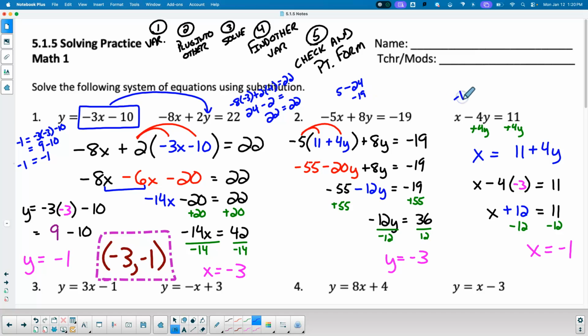X is negative 1. Negative 4 times negative 3 is positive 12. Negative 1 plus 12 is 11. And 11 is equal to 11. So it checks out in step 5. And then my answer is going to be negative 1, comma, negative 3.